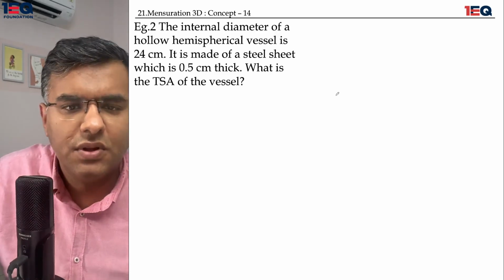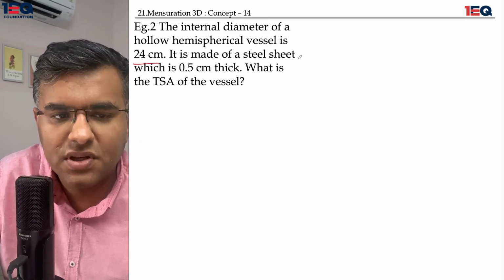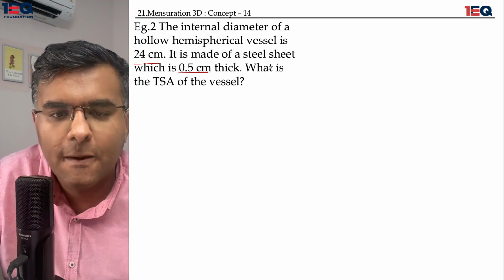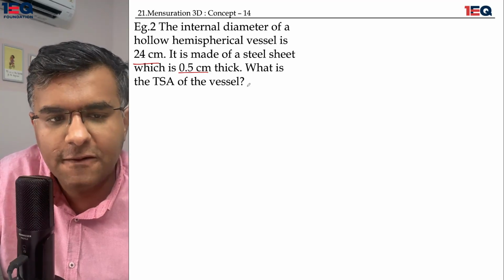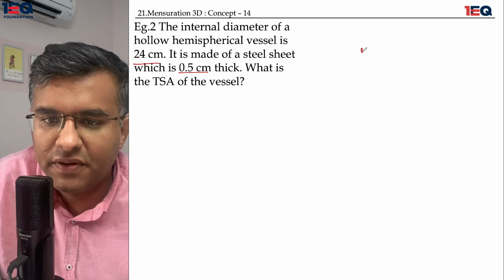The internal diameter of a hollow hemispherical vessel is 24. It is made of a sheet which is 0.5 centimeters thick. What is the TSA of the vessel? So I have a thickness component available there.